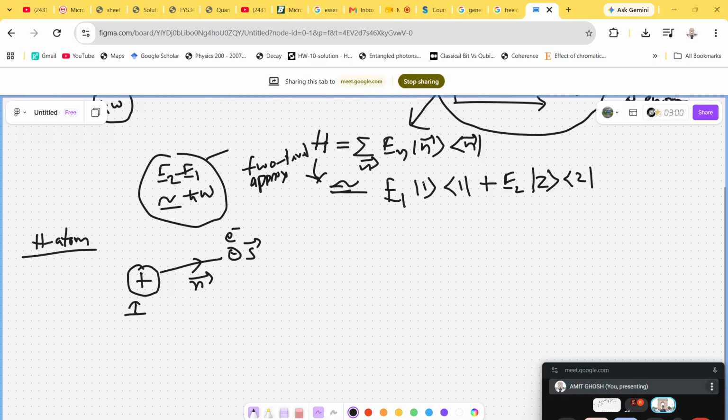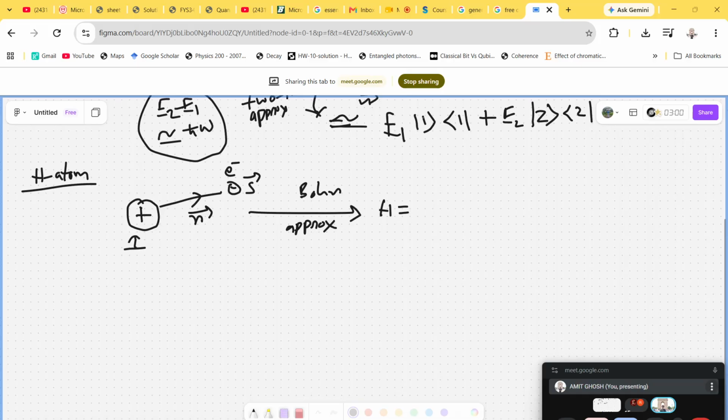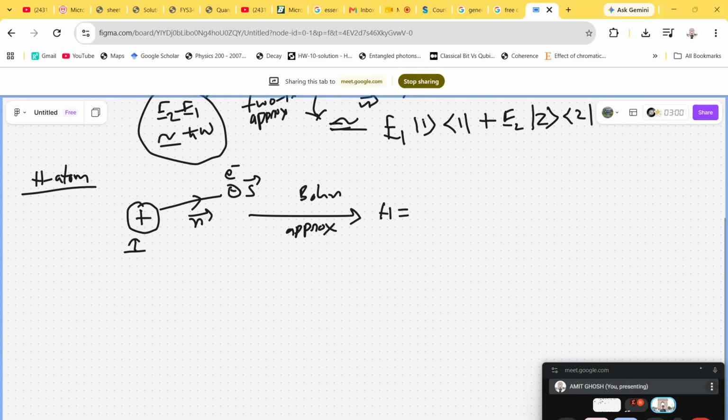I mean the simplest approximation, under the Bohr approximation, what will be the Hamiltonian of this system? So the Hamiltonian has how many terms?